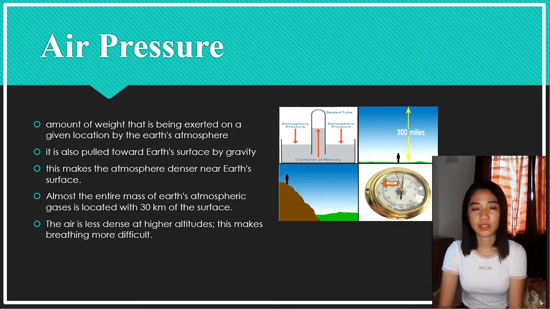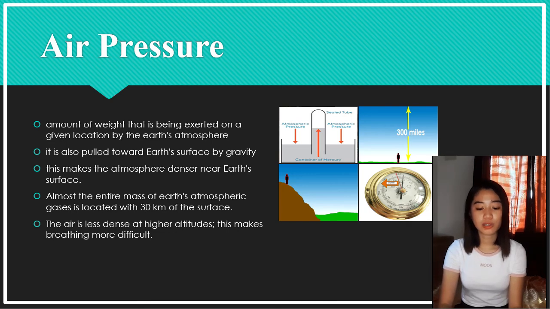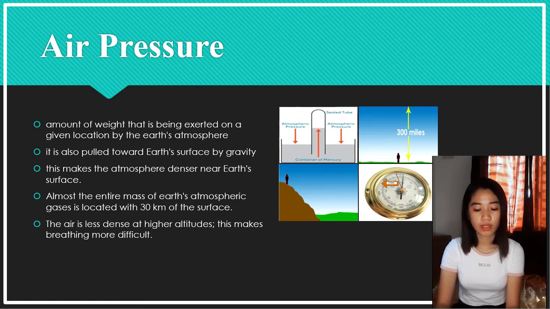At sea level, the average air pressure is about 29.92 inches of mercury, and that works out to about 1013.25 millibars. If we were to convert that to a measurement of weight, that works out to about 14.7 psi, or pounds per square inch.